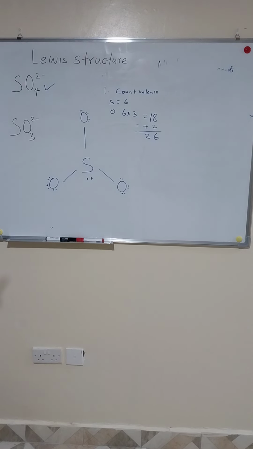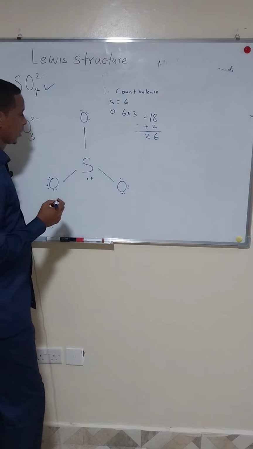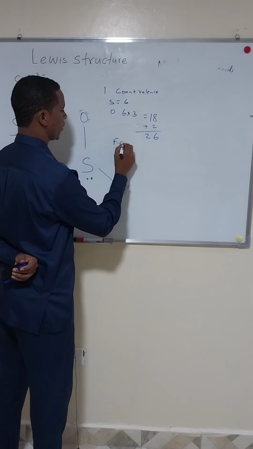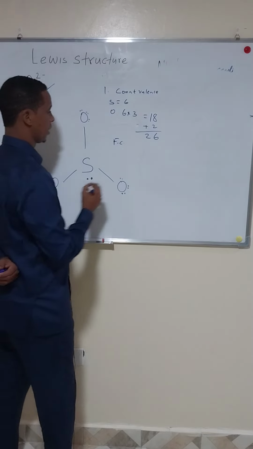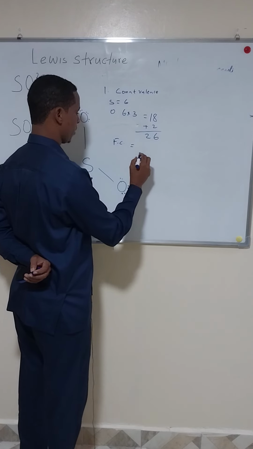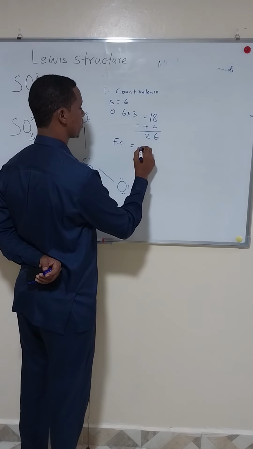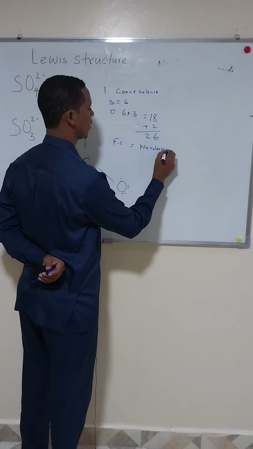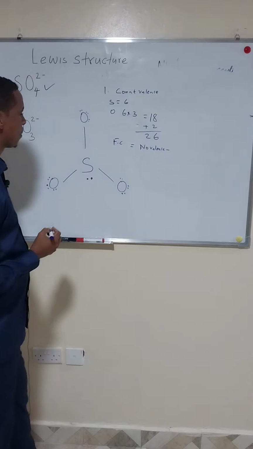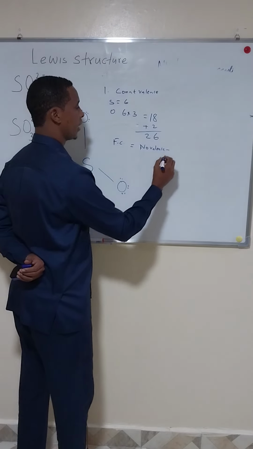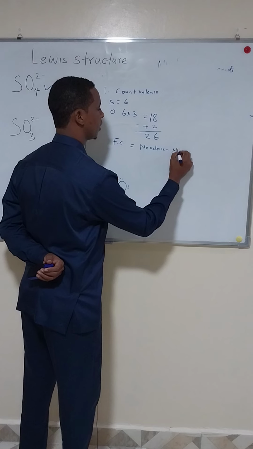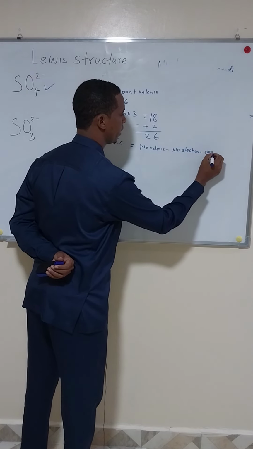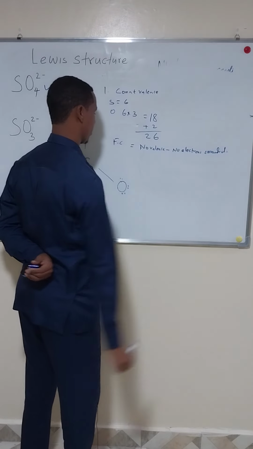So from there now, you find the formal charge. To find the formal charge of oxygen, formal charge is equal to the number of valence electrons brought by the atom minus the number of electrons surrounded by that particular atom.